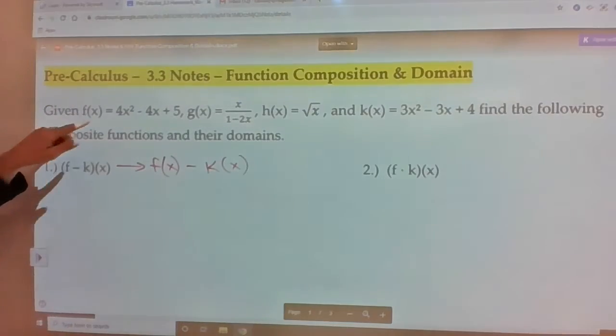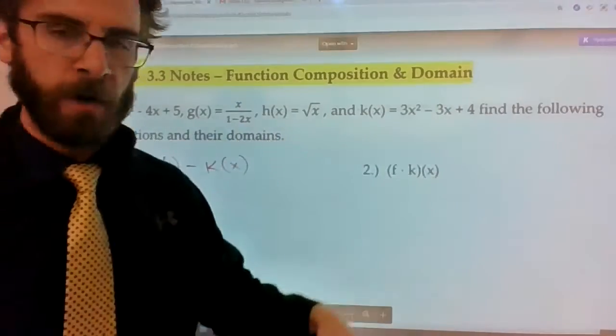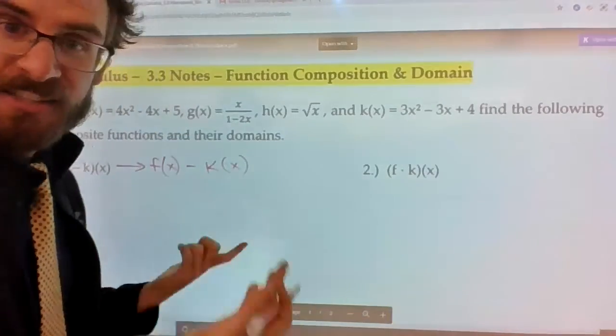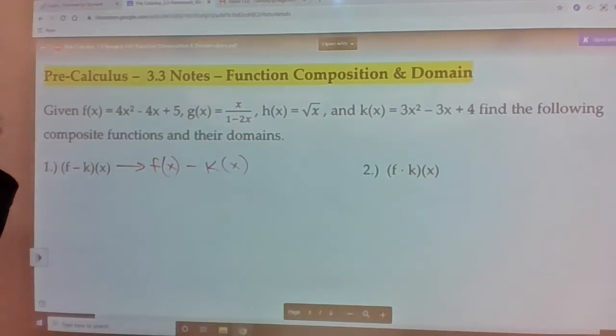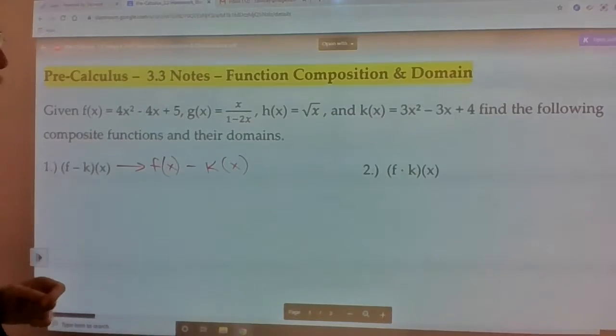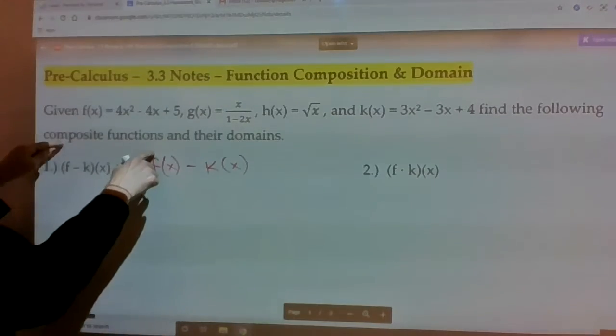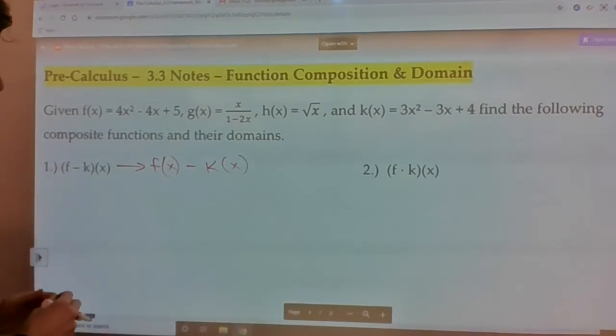And what I'm doing is I'm giving you four separate functions to work with on basically these operations of functions. So the first question is, how do we find a composite function f of x minus k of x?